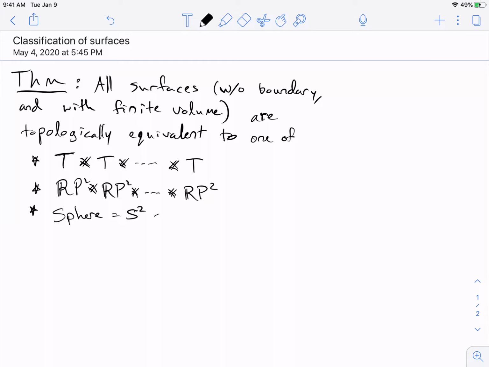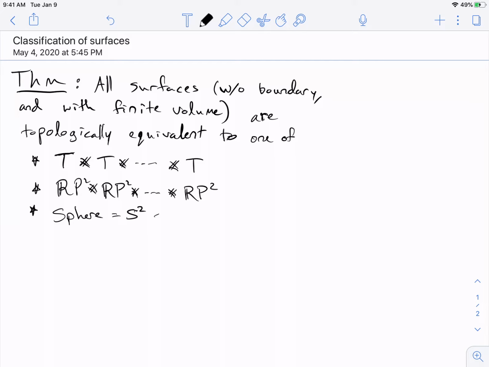Hi, everybody. So today I wanted to talk a little bit more about this theorem that we ended with in Friday's video, which says basically exactly what all the surfaces that we can get by gluing edges of polygons together look like.